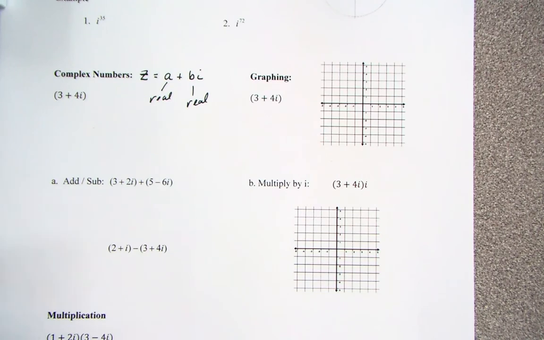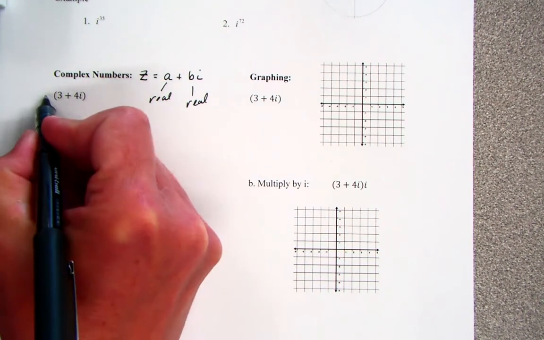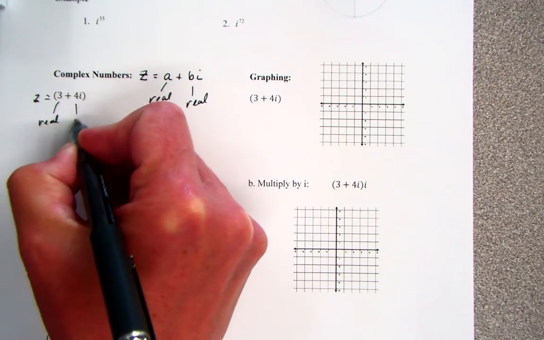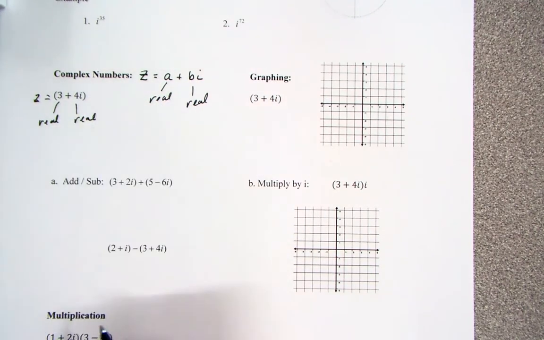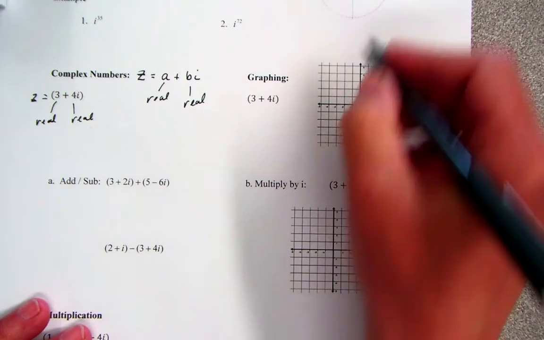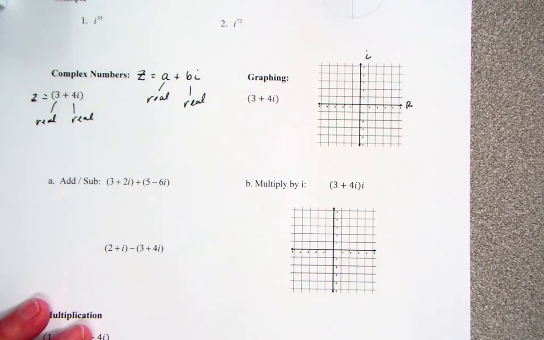We talked about i being this 90-degree rotation, and so now I'm combining it with these real numbers. So let's take a look at what one might look like here. This is Z, so 3 is a real number, and 4 is a real number attached to this i. We can graph them. This is my real axis like we defined above. This is my imaginary axis called i.